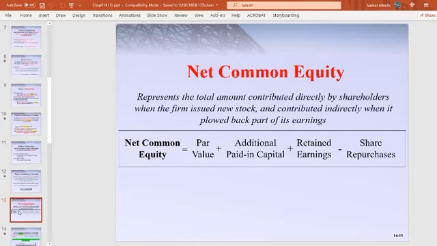This is just a formula. If we ask you to calculate net common equity, you need to follow this formula. It always equals par value plus additional paid-in capital plus retained earnings minus share repurchase. It is more about accounting, so you will learn it in the accounting unit.